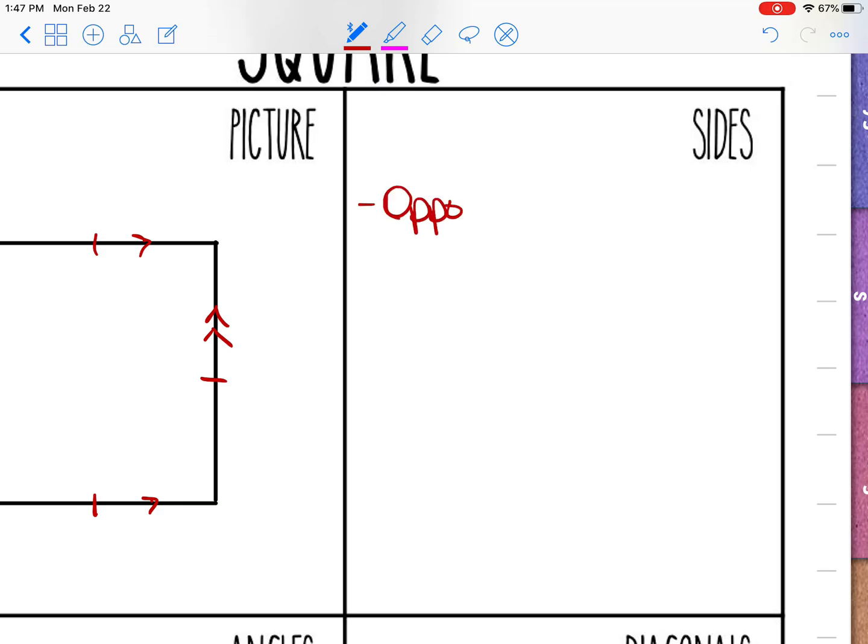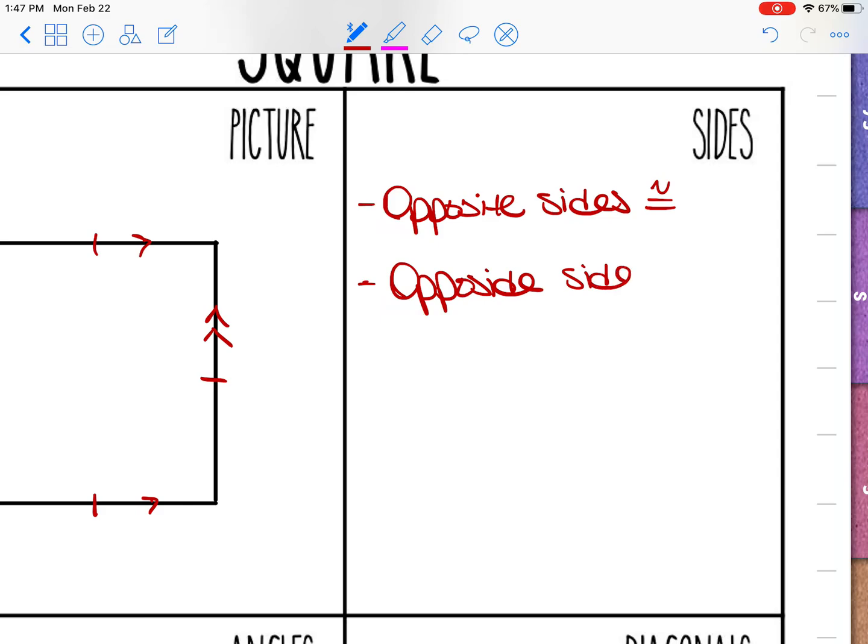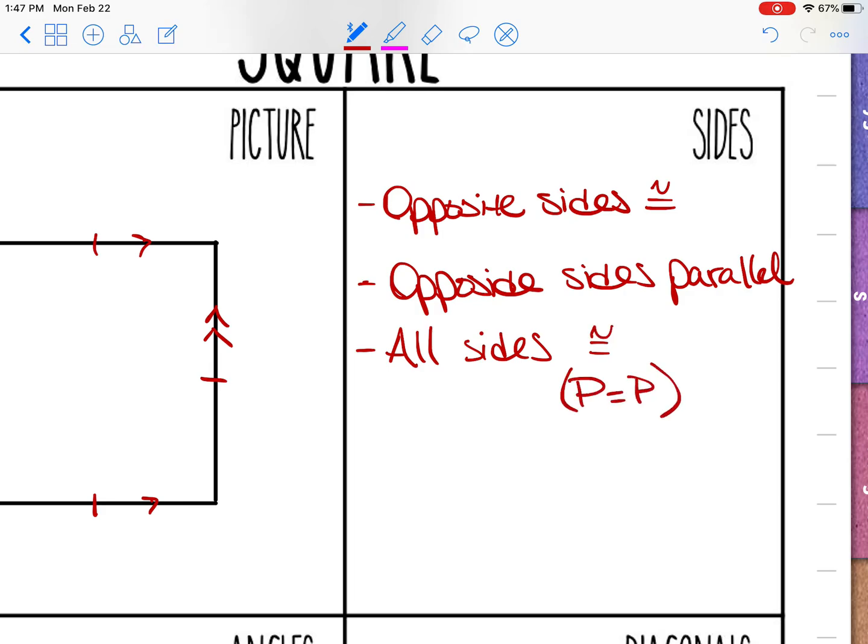Opposite sides congruent. Opposite sides are parallel. And all sides are congruent. Remember, when you have a congruent symbol, we're probably going to be using part equals part.